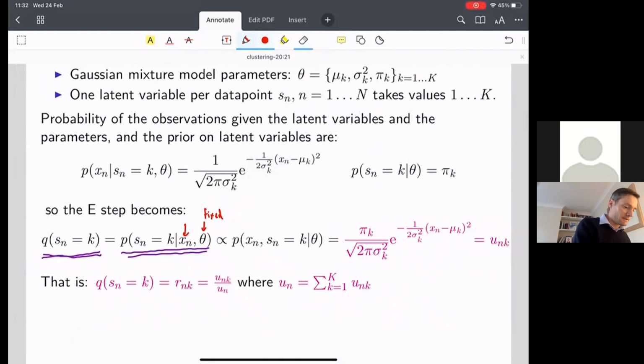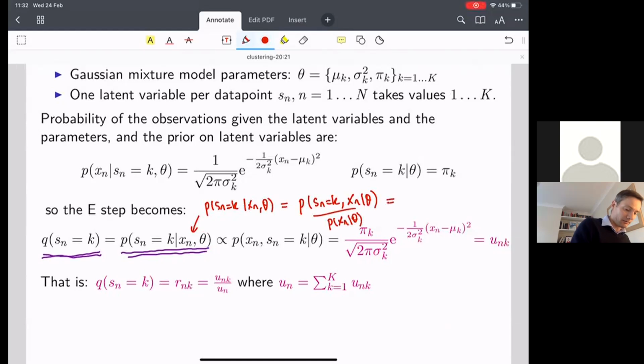Good. Okay, so the way that we can compute this is just by using Bayes' rule. So this thing, P of Sn equals K, given xn and theta, we know from Bayes' rule is equal to the joint, let's just write it out as the joint to start with, in two steps, divided by P of xn given theta.